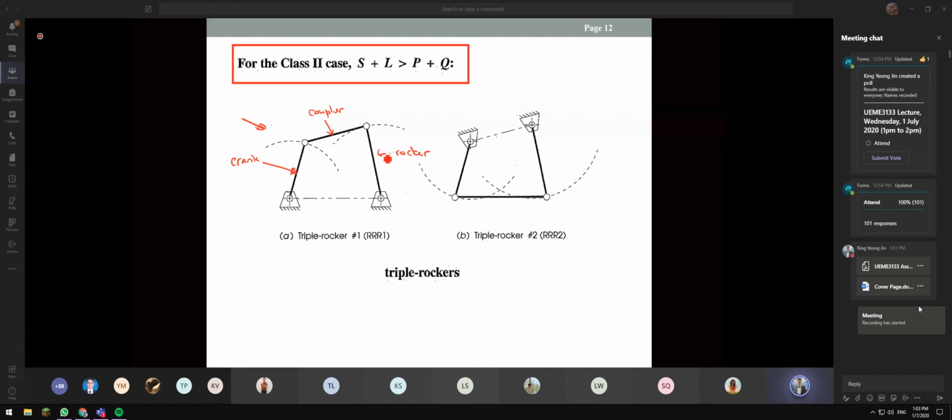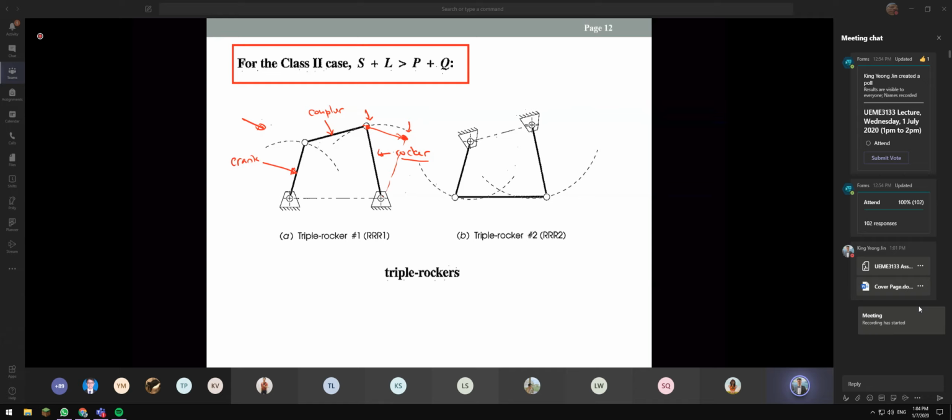So what does it mean when we have 2-point synthesis? For rocker, it means that we want this rocker to move to two desired positions, for example, from here to here. So we design the linkage based on these two positions.